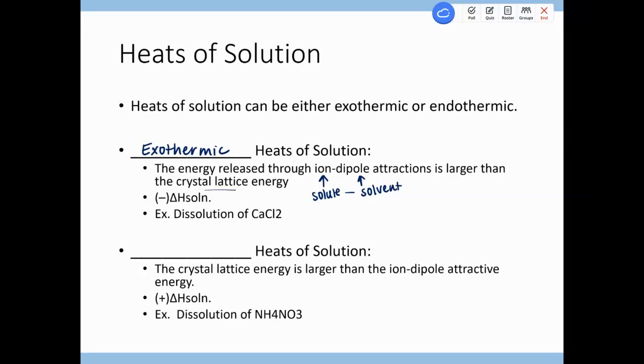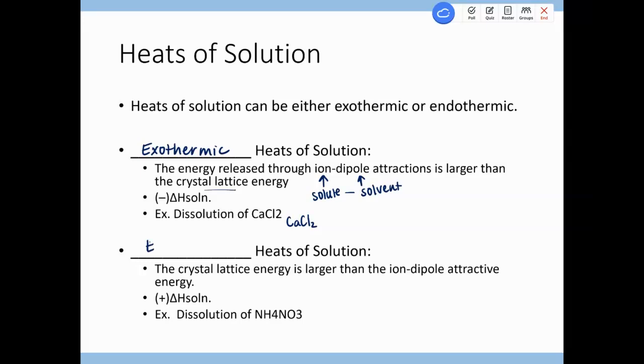That's the energy required to break apart that crystal lattice. So you have a negative delta H of solution. An example is calcium chloride. If you dissolve calcium chloride, it will release energy and be warm. You'd feel that as well.